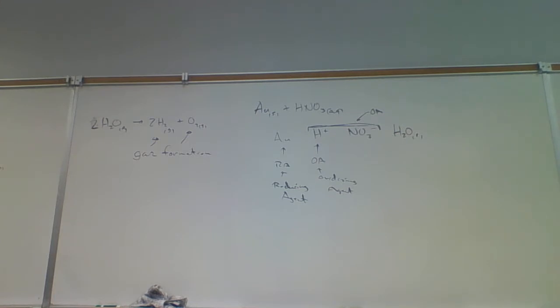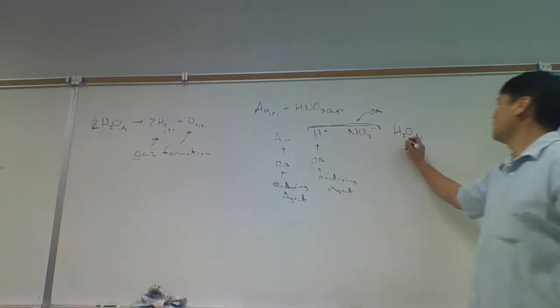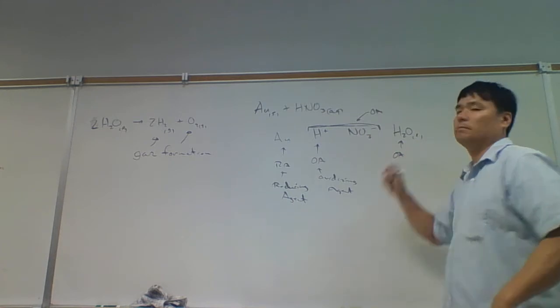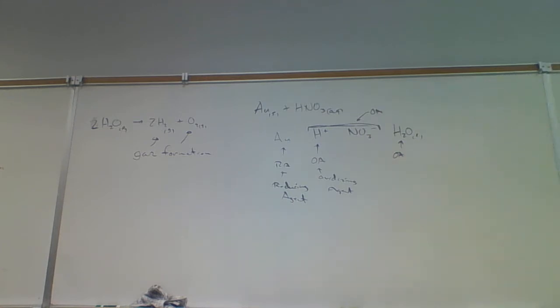H2O is here. You see H2O is taking electrons, so H2O is an oxidizer. It's at the bottom of the chart, so does that mean it's the worst oxidizer? H2O is at the bottom, fluorine's at the top.